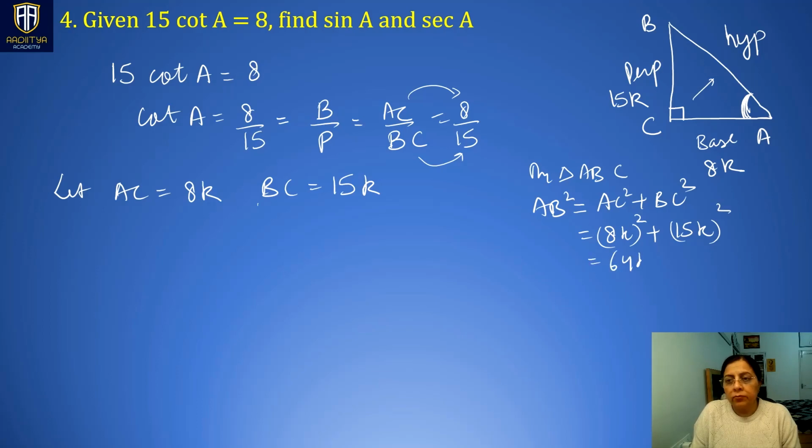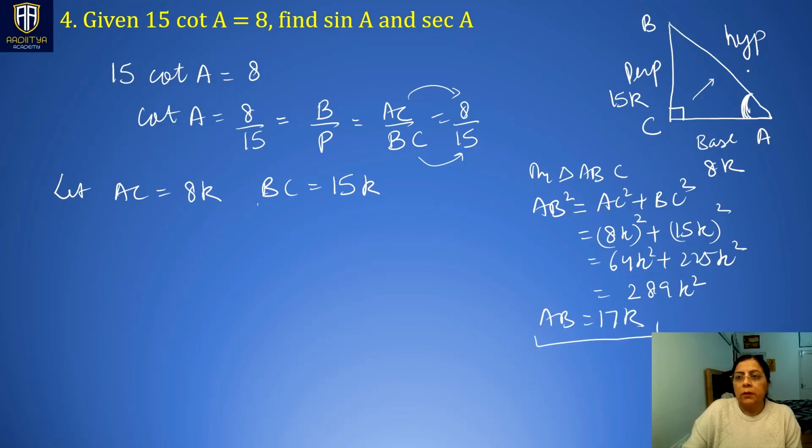This is 64K square plus 225K square, which is 289K square. So what is AB now? This becomes 17K. AB is 17K, right? So now we have to find sine A and secant A.